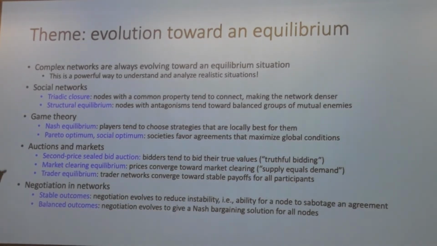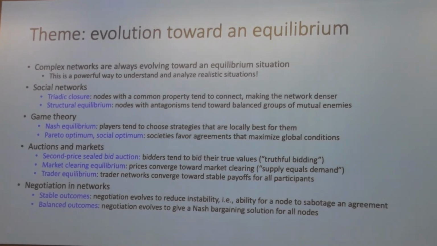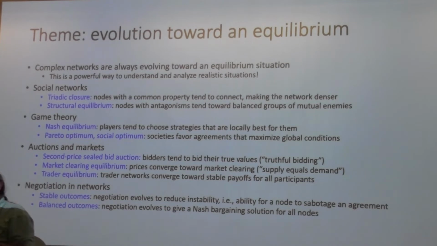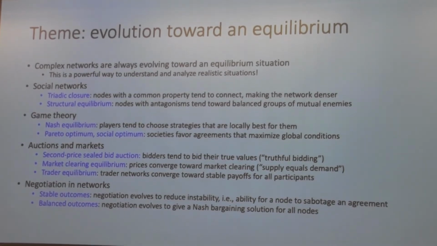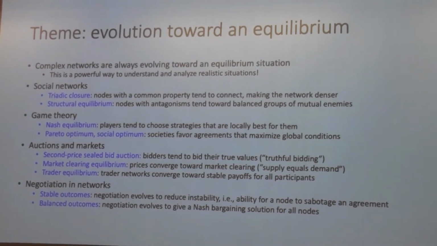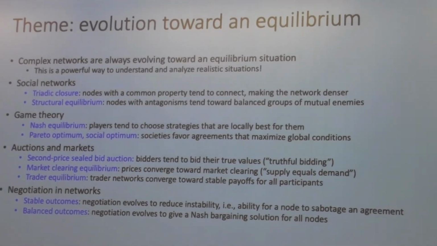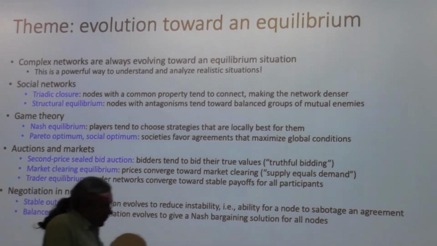Triadic closure: friends of friends become friends. So the network is converging towards a network where everybody is friends. Or structural equilibrium with enemies: the network will be converging towards a group of friends and another group of friends with enemies in between. And you have these unstable triangles.